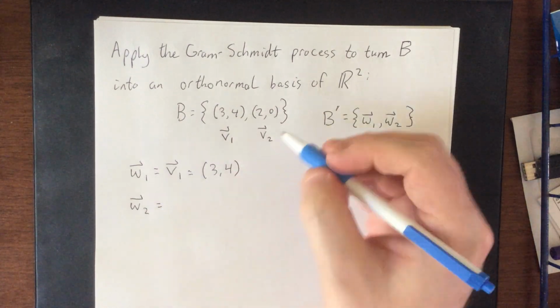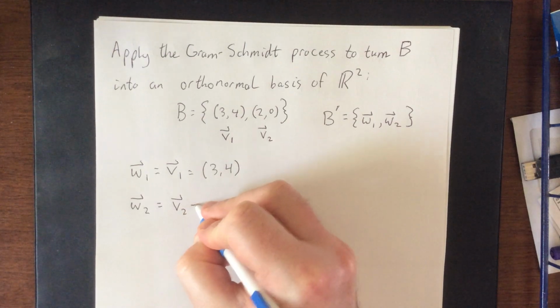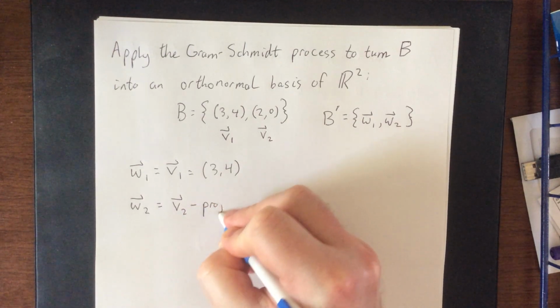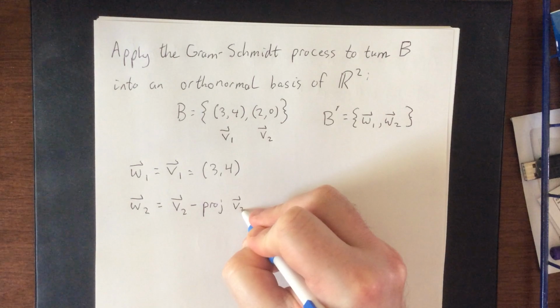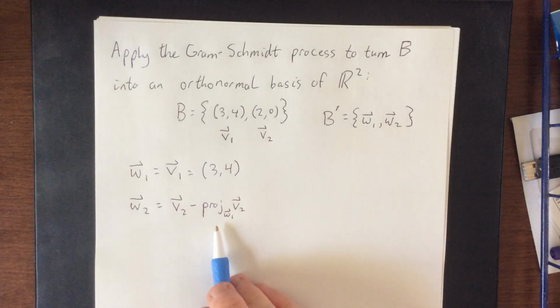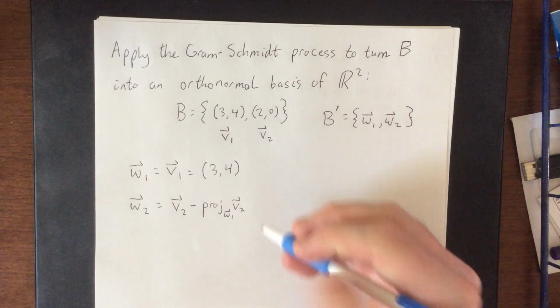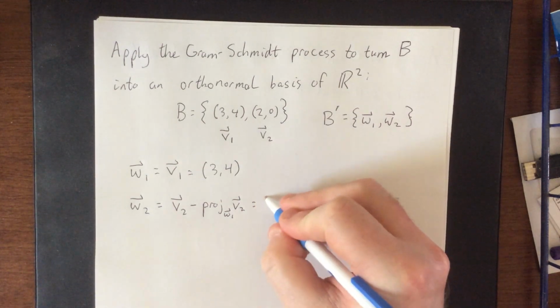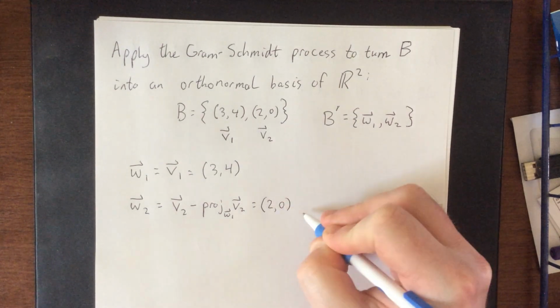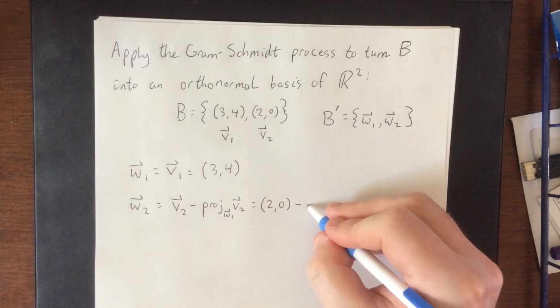To create w2, we'll take the vector v2, and we are going to subtract the orthogonal projection of v2 onto w1. The process of subtracting this projection creates a vector that is orthogonal to the vector that's already in the set. So we take the vector v2, which is (2, 0), and we are going to subtract the projection of v2 onto w1.